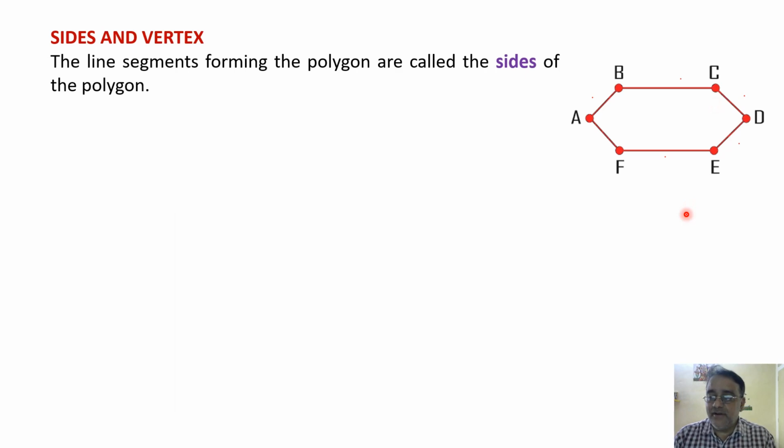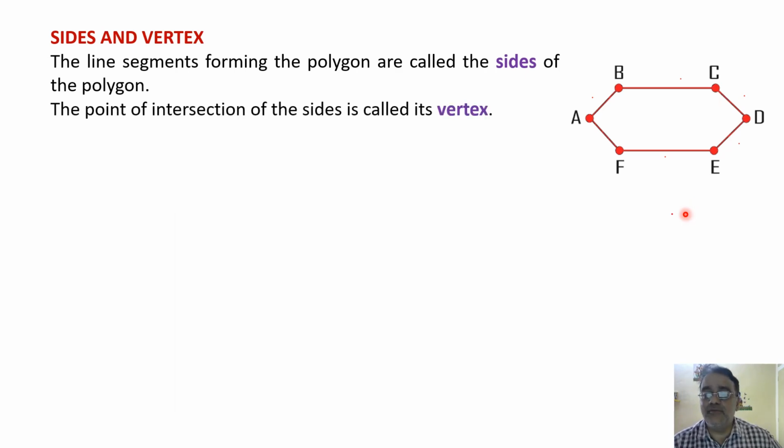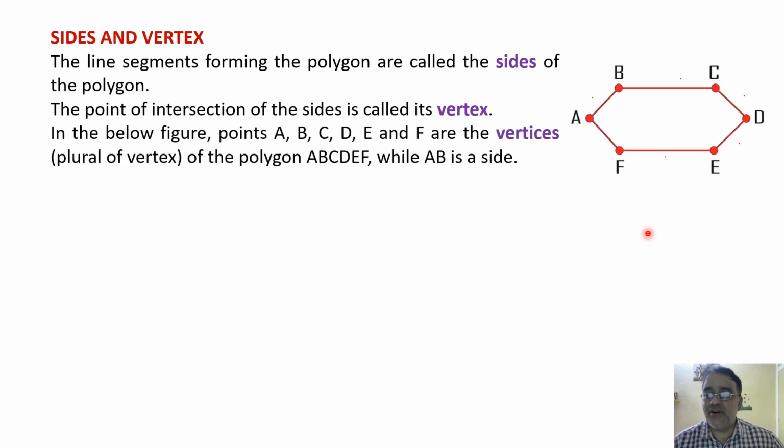So the point of intersection of the sides is called its vertex. उसको हम लोग vertex बोलेंगे, और plural में vertices. Okay. Now in this figure, A, B, C, D, E, F, all these points are called vertices, the vertices of the polygon A, B, C, D, E, F.